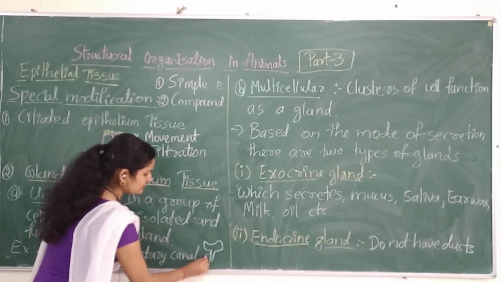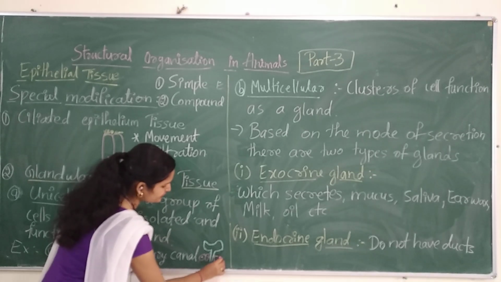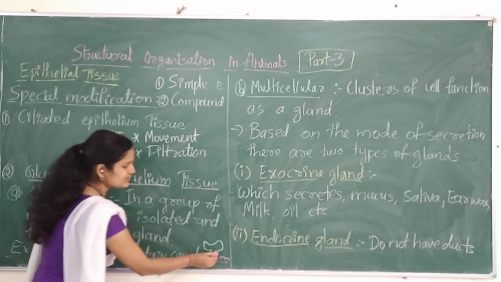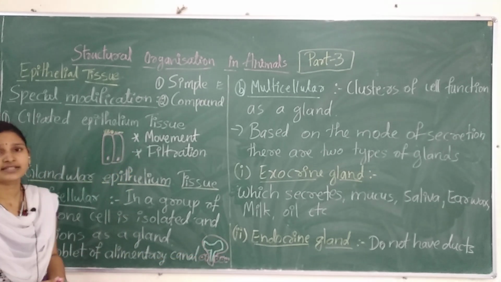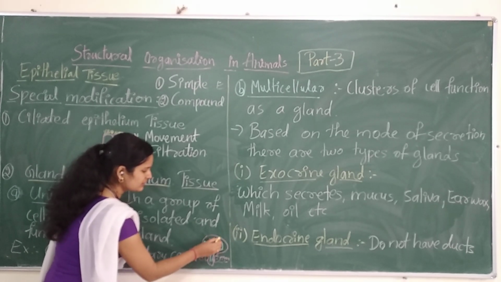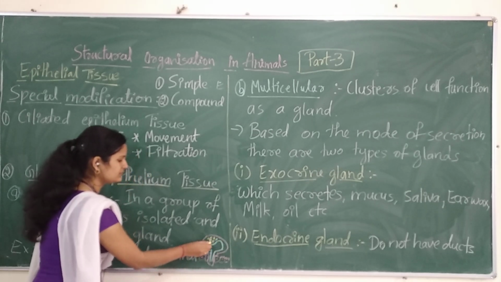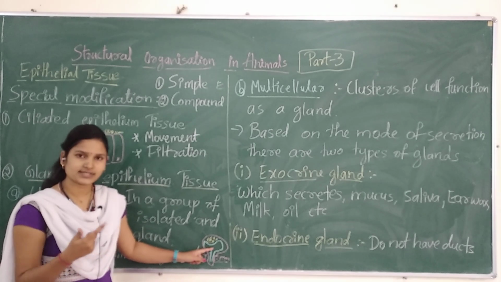So for example, the cells will be present like epithelial cells, cuboidal or columnar, and in that one cell will get modified and start secreting a certain secretion.